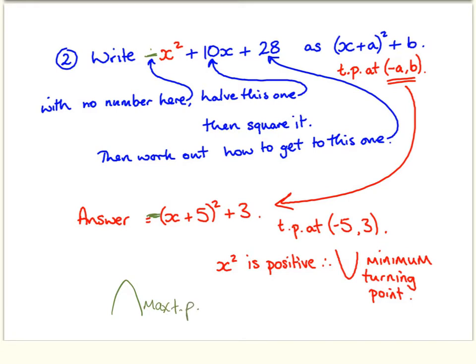Okay, so that's when it's negative x squared. But for this one, you've got x squared is positive, so that's a minimum turning point. And that's how you know when you're talking about the nature of the turning point is minimum or maximum. Okay, nature of the roots is something different. We'll come on to that in a minute.